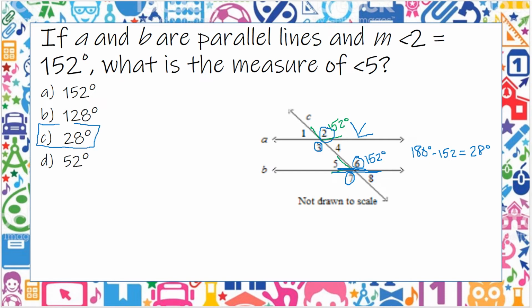So remember to go back to that corresponding and alternate interior. 3 and 6 are alternate interior, and that means they're equal. So you can use that as well.